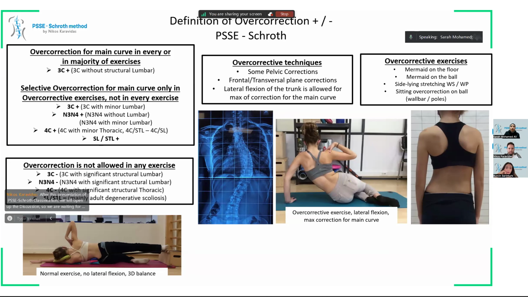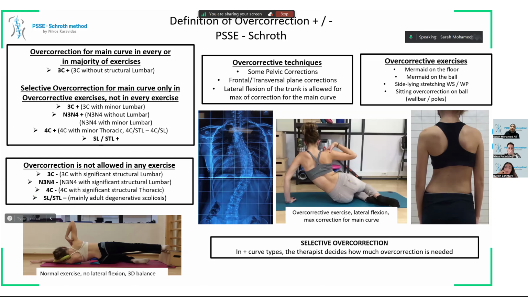We have many curve types, around 8 curve types that will be explained in the next slide. But we have introduced also another terminology which is the selective overcorrection in the plus type, that we don't allow overcorrection. Even in the plus type, we don't allow overcorrection in all exercises. We decide based on each patient individually and based on the clinical criteria, prognostic criteria, and radiological criteria.